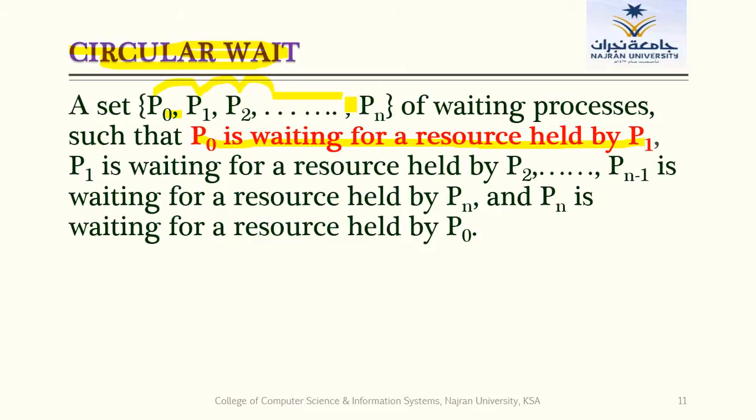Pn minus 1 is waiting for a resource which is held by Pn, and Pn is waiting for a resource which is held by P0. See here that we have a circle, and this is called circular wait.